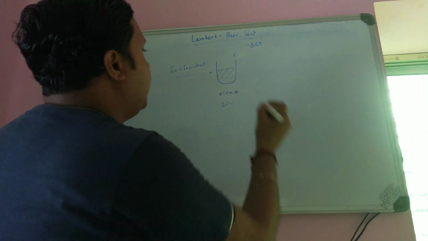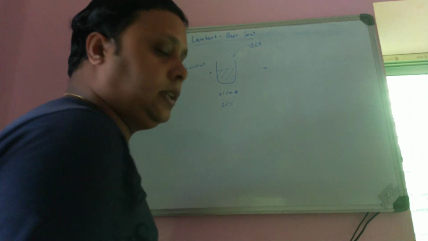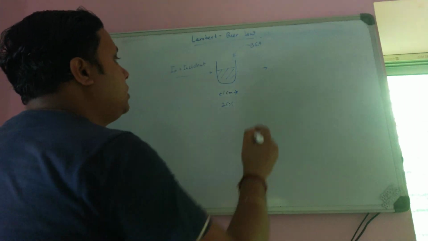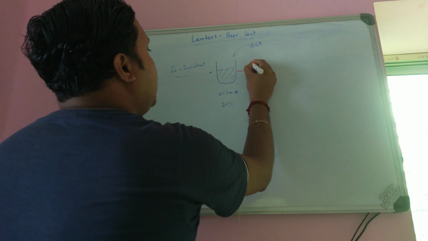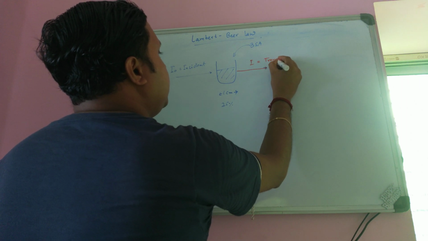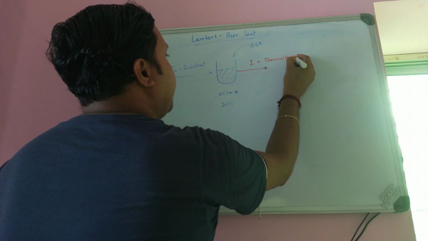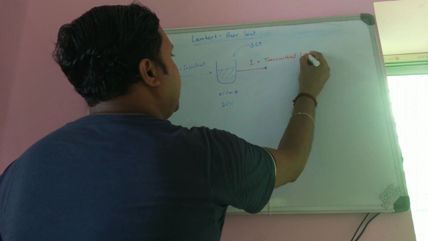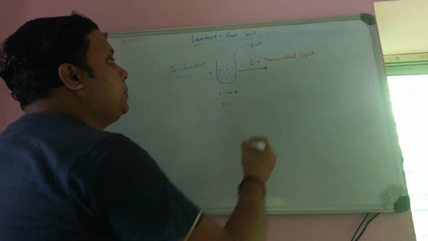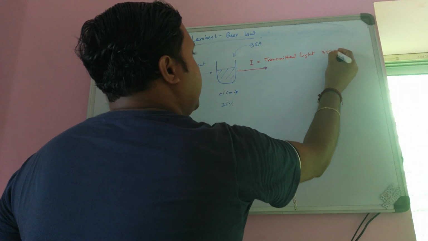Then the transmitted light means the light that is coming out from the suspension. If the transmitted light is denoted by I, then what will be the transmitted light? Definitely the transmitted light will be 75%, right?